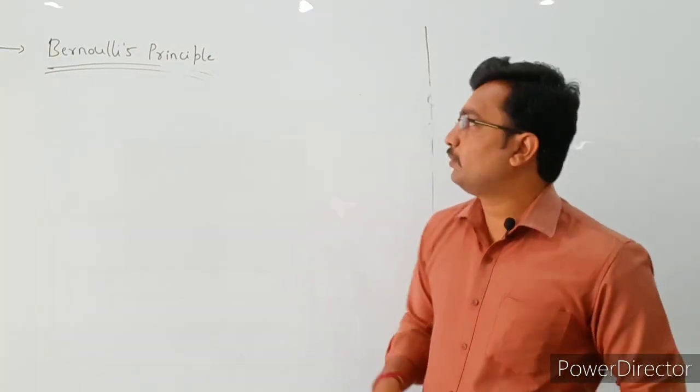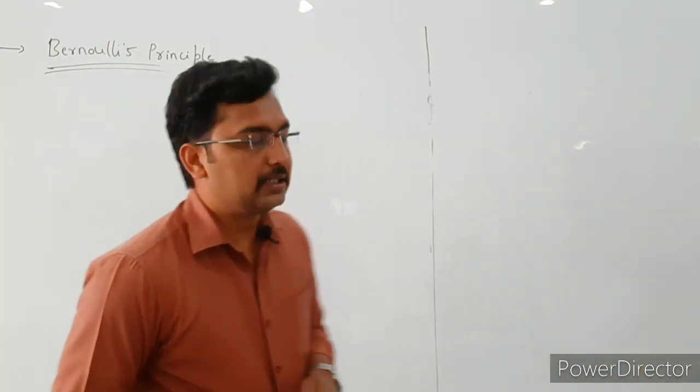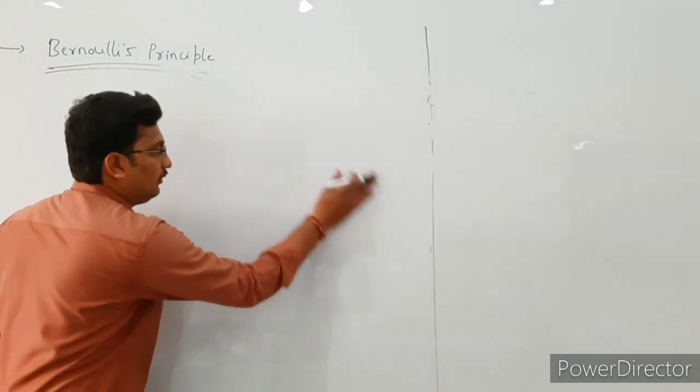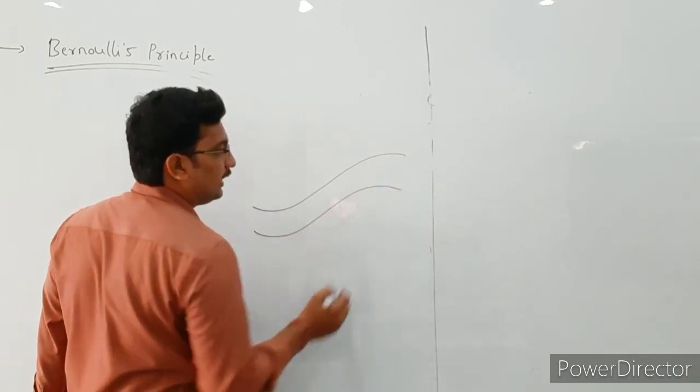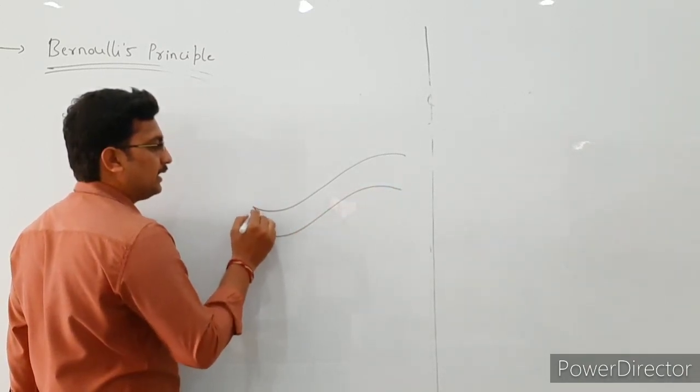The next one, we are going to prove this principle. For this, we consider a bent tube having different areas of cross section. Consider this is a bent tube.